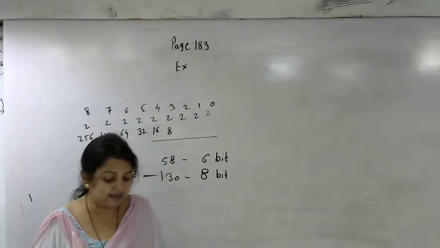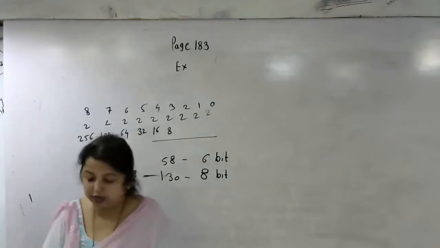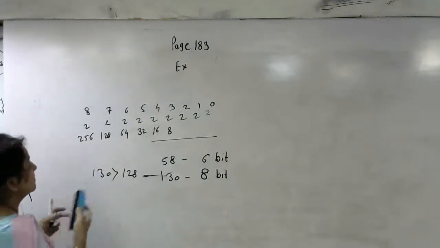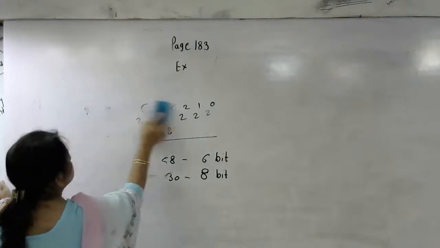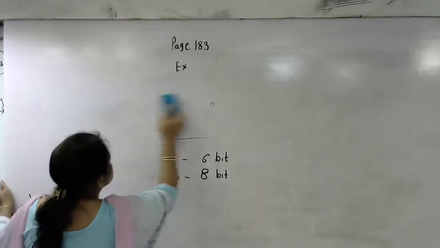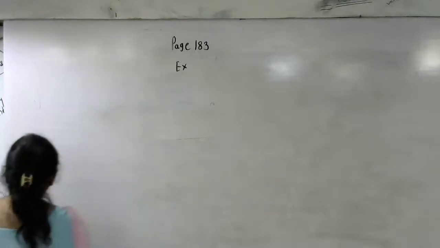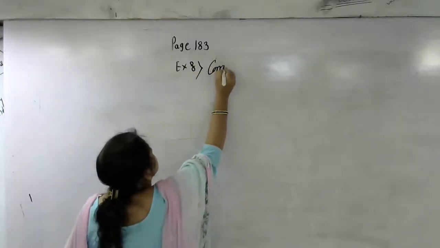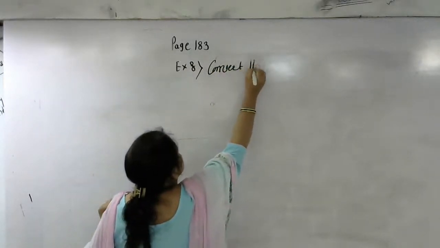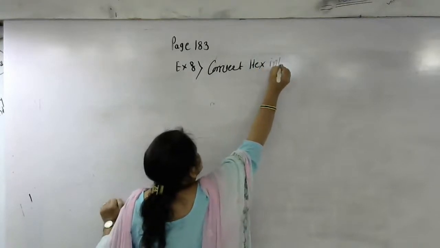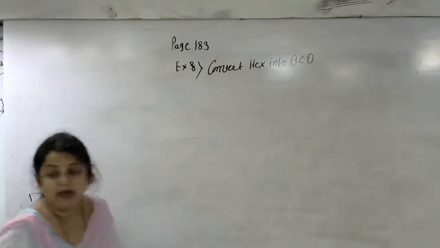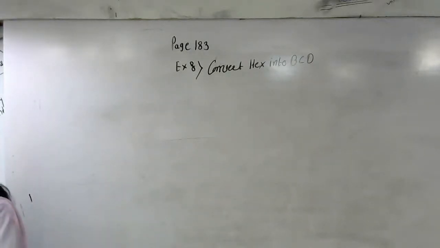Write down the heading as convert following hexadecimal into BCD. And the number given is E9A.